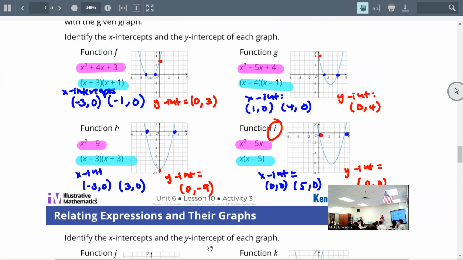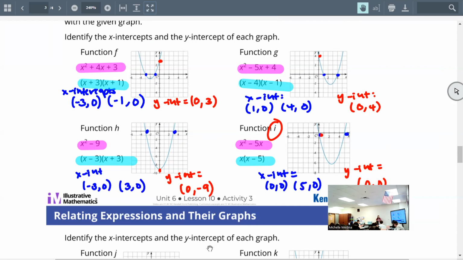Can I see the y-intercept better from standard form or factor form? Asking everyone, anyone can answer. You can see the y-intercept better from standard form.